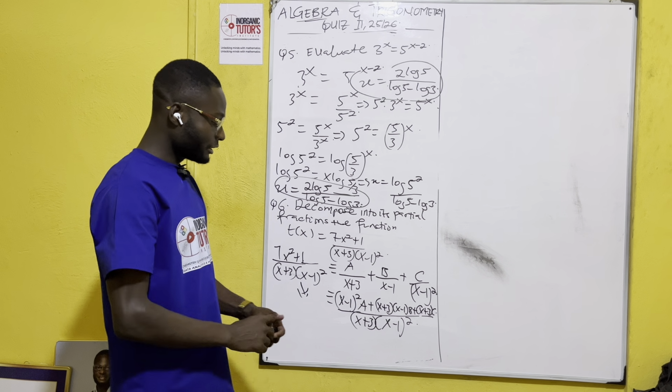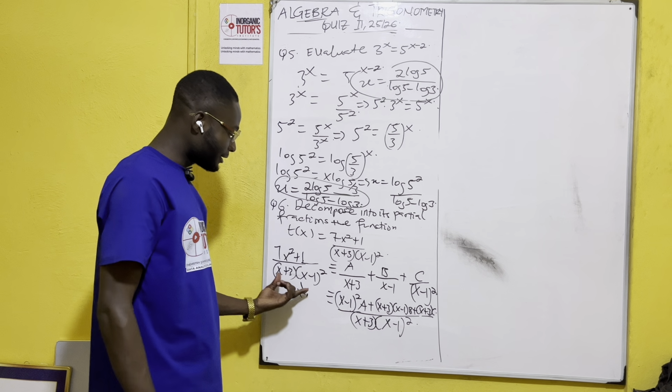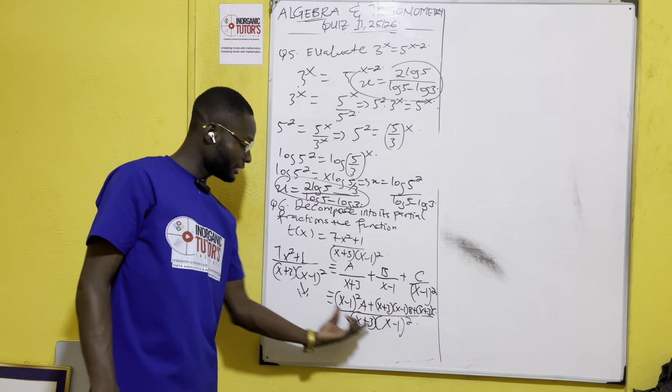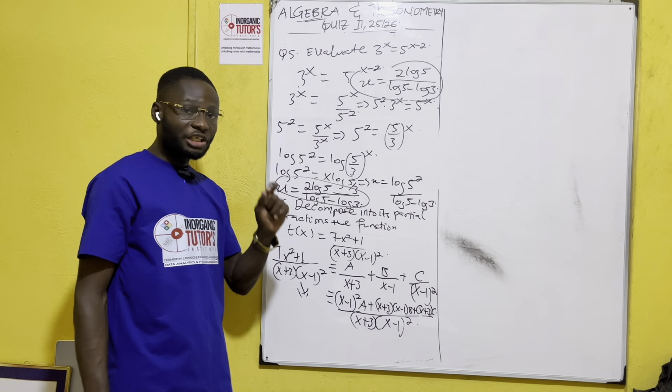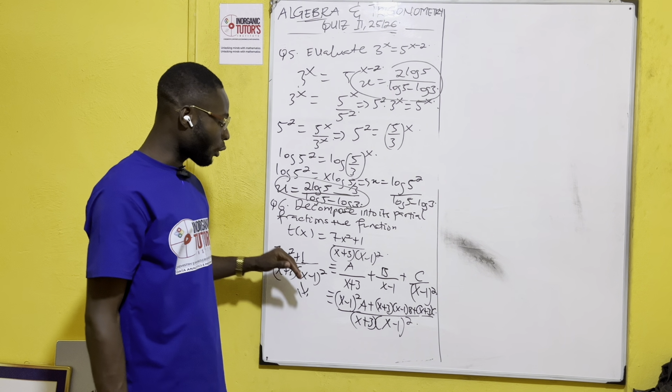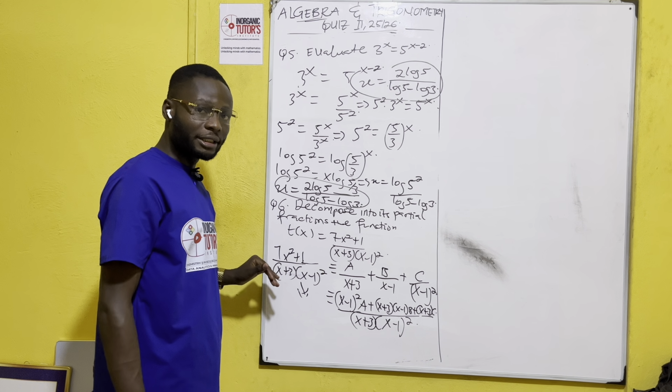So in here we can see that the denominator is the same here. What we have here is the same here. So we can easily find the values of a, b, and c by comparing the numerators, right?